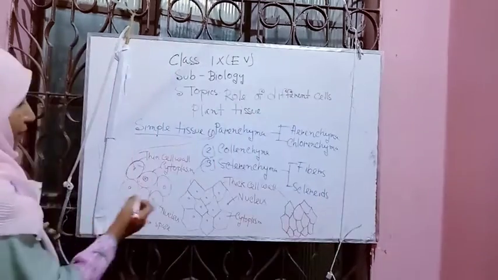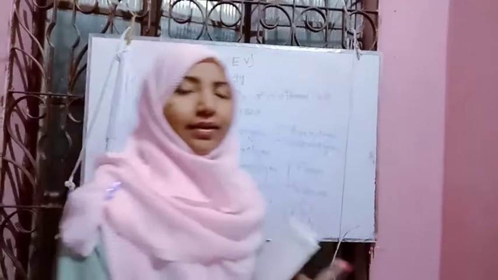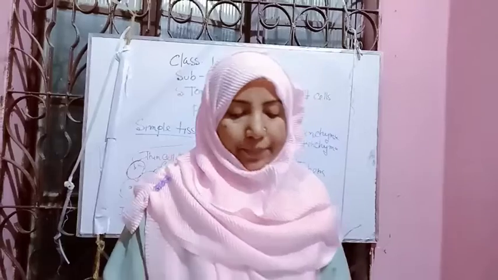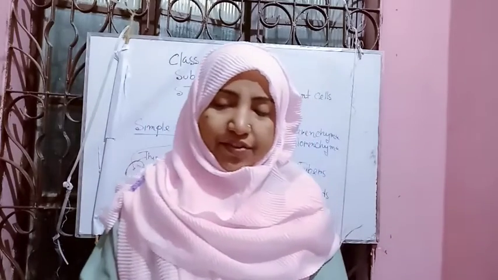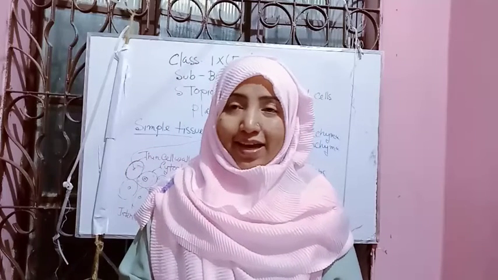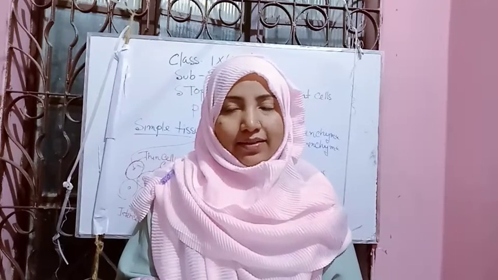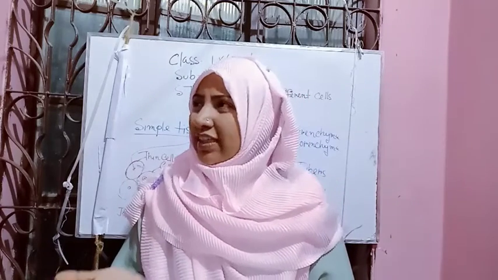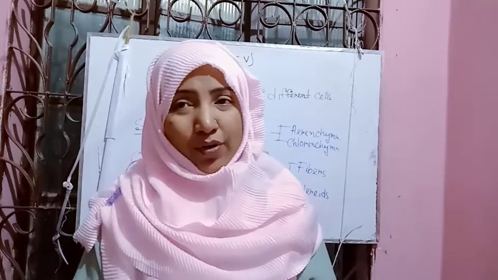When the parenchyma is filled with air, the other name is aerenchyma. These are usually big in size and found in aquatic plants. So it is a floating type of structure, and these plants have it when they are aquatic.